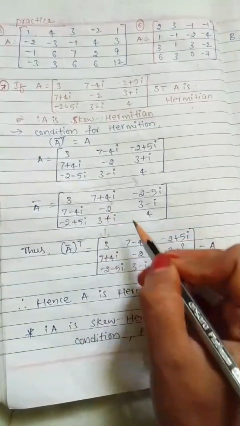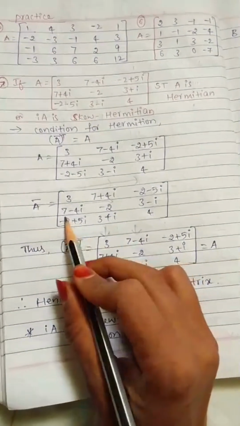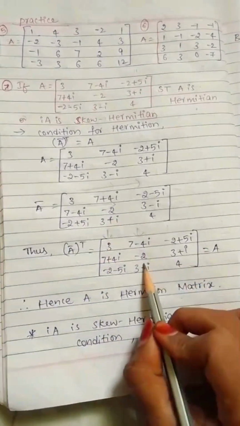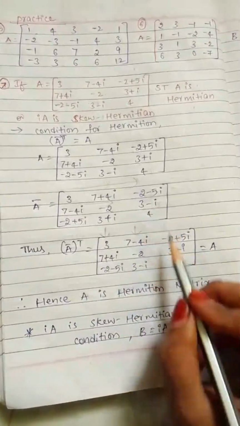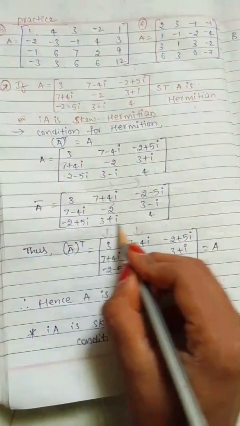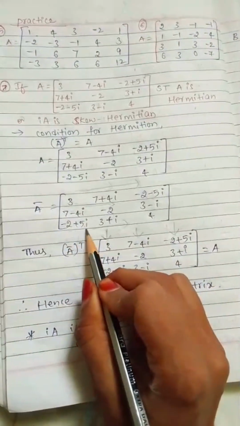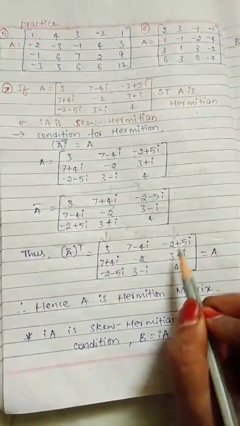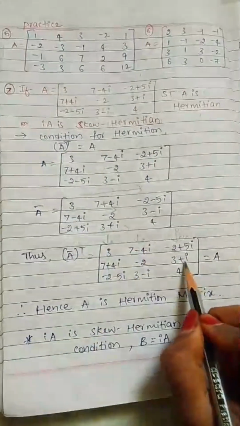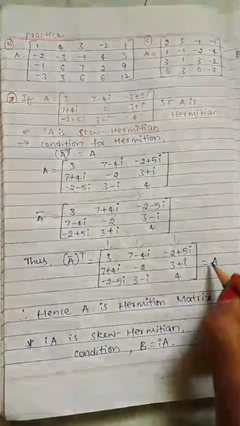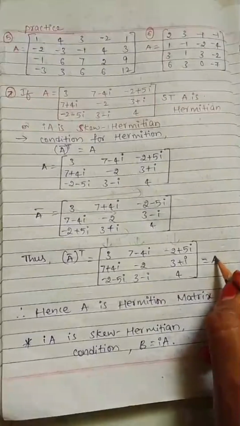Like this only, second row to second column: 7 minus 4i, minus 2 as it is, 3 minus i. Then third row to third column: minus 2 plus 5i, 3 plus i, 4. This will become the A.